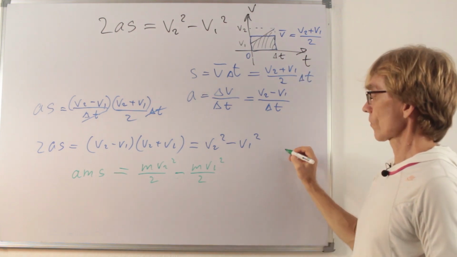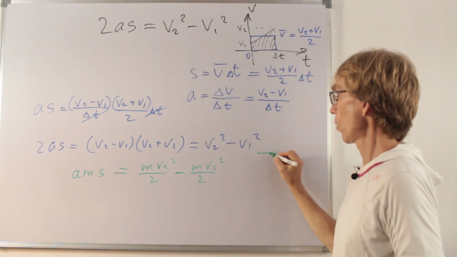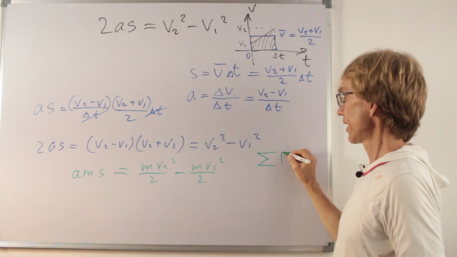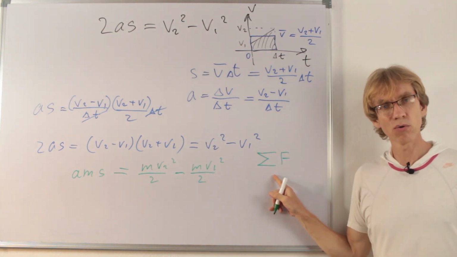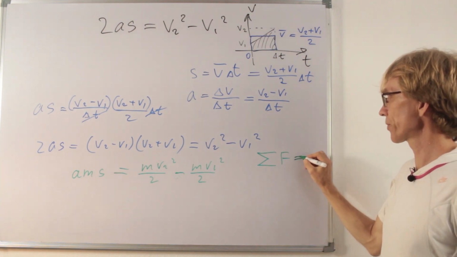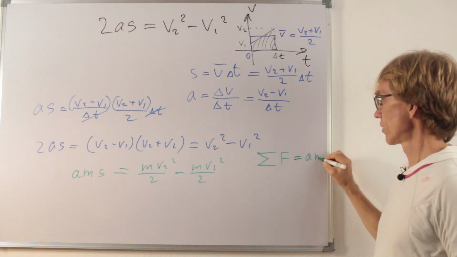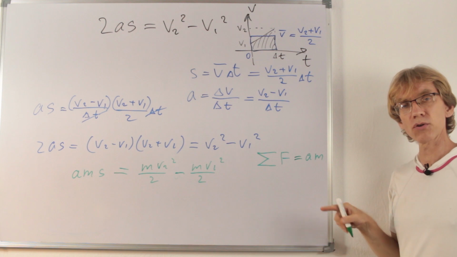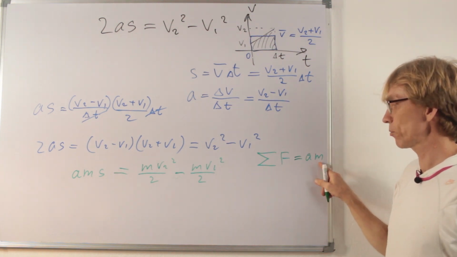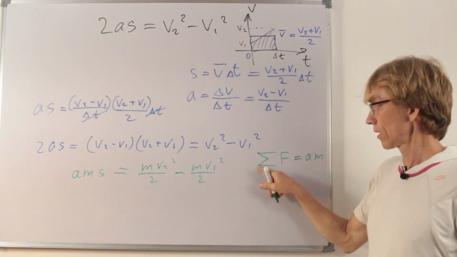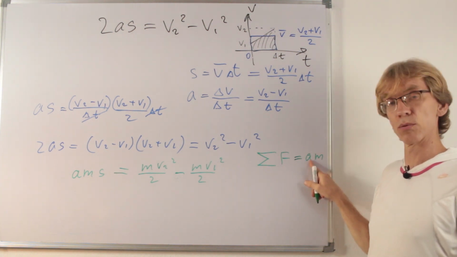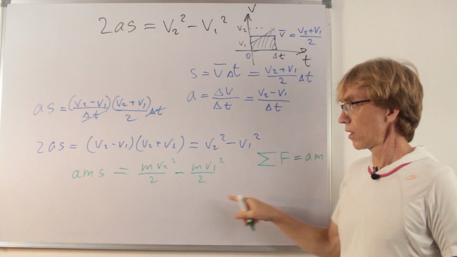What is am? We know that if a sum of forces is acting on the body, according to the second law of Newton, the body moves with acceleration, so that this equation is fulfilled. am equals the sum of all forces acting on the body. This is the force which is causing the body to accelerate.